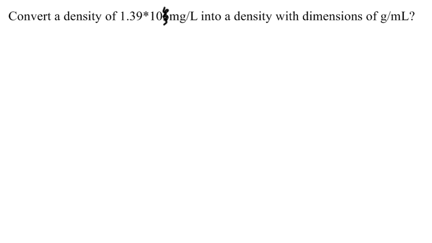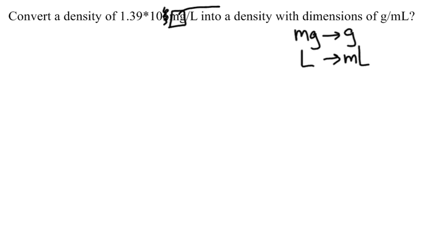All right, so first thing I need to do is write out which conversion factors I need. I need to convert milligrams to grams, and I need to convert liters into milliliters. Now, if you're wondering where I'm getting this, here's my milligrams right here.